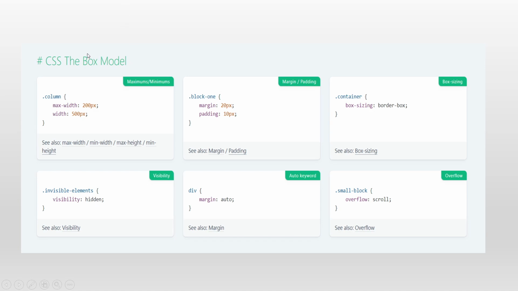The padding is inside. Here is the technical definition: space around a box, outside the box, is called margin. If we want to add some space inside the box, it is called padding. That is margin and padding.